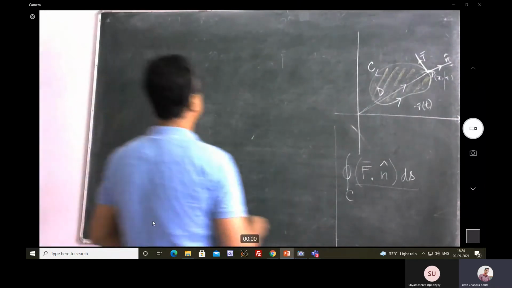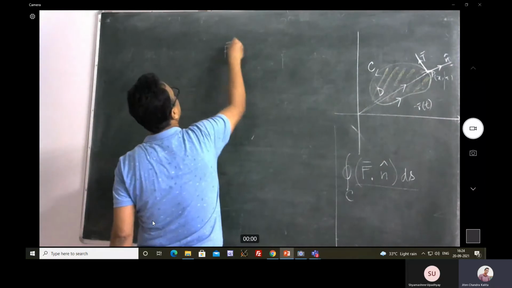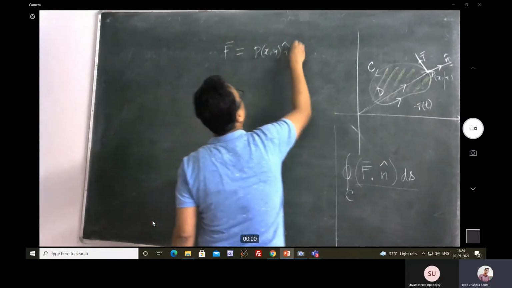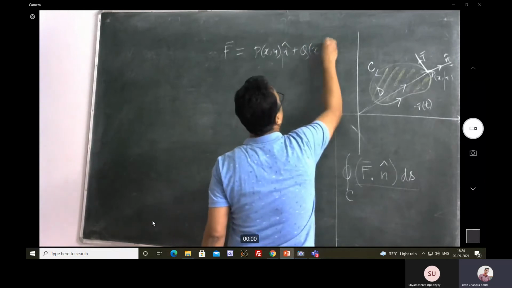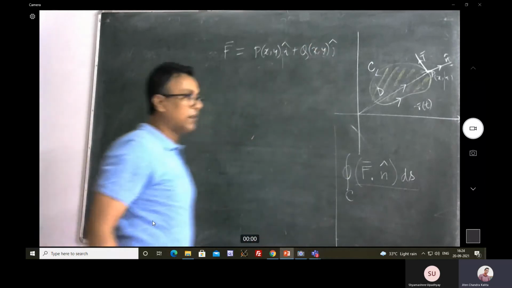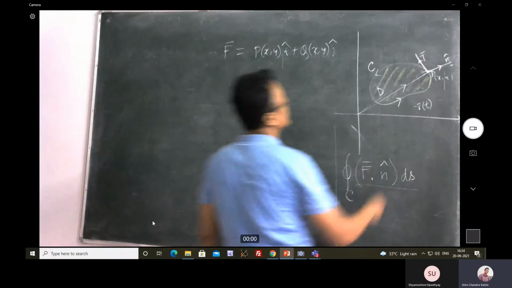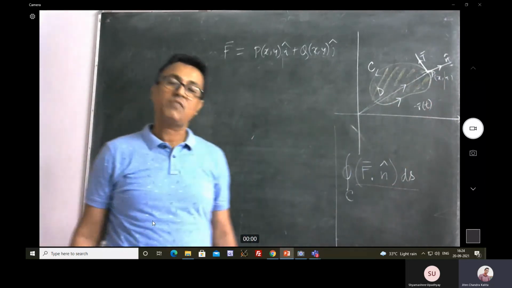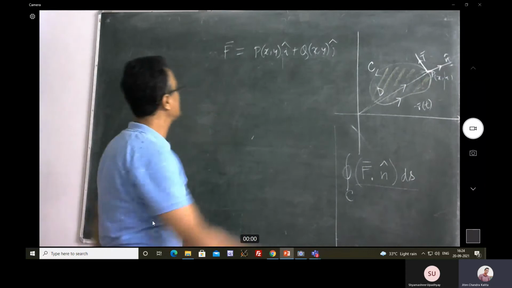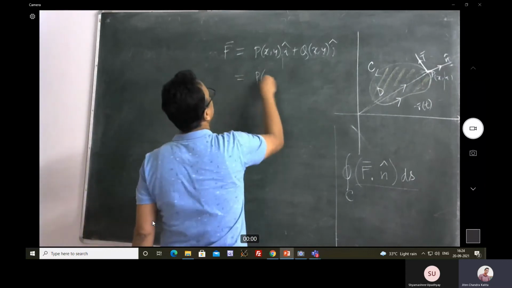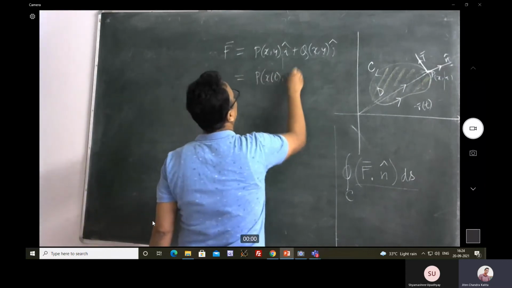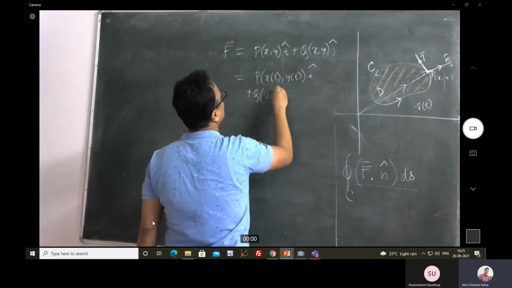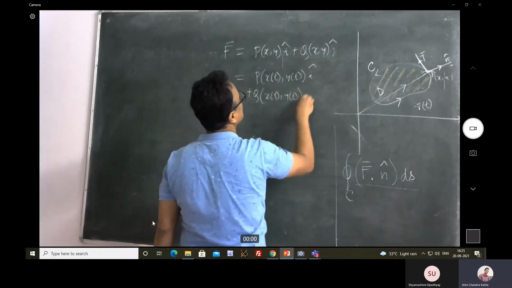Again, suppose your f is given by P i plus Q j, but we are assuming that any point (x, y) can be considered as a function of the single variable t. So this is simply P(x(t), y(t)) i plus Q(x(t), y(t)) j.